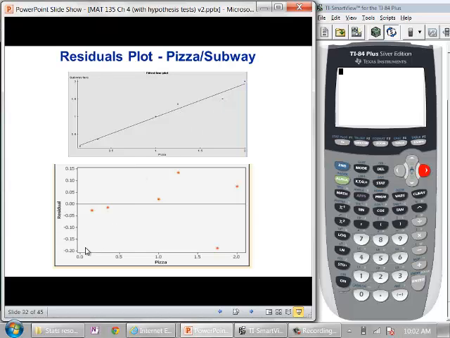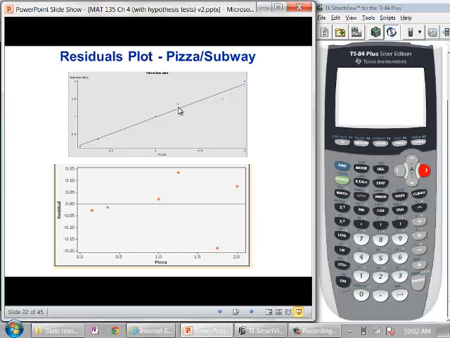So here would be our residual plot. But for instance, for the point where the pizza cost was $1, then notice our subway cost was just a little bit above the line. So that means that in our residual plot, the point is above 0, it's positive.